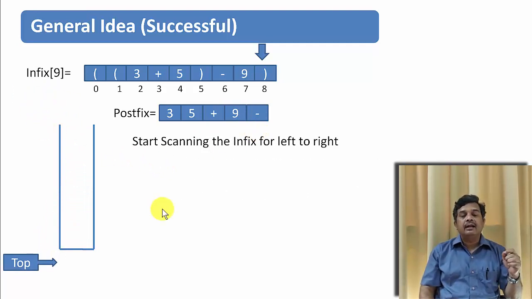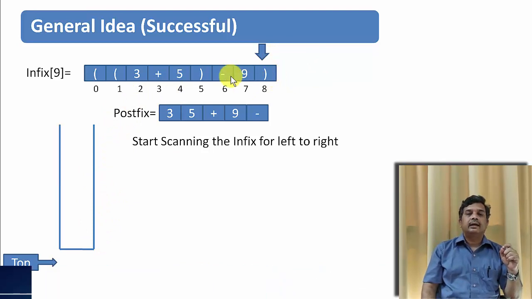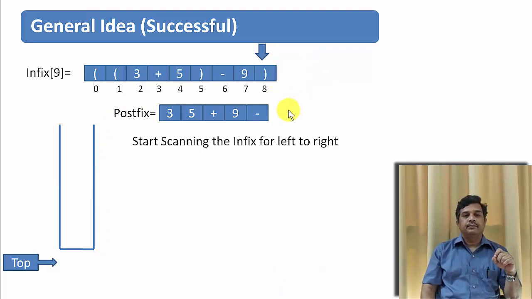And we have to discard the left parenthesis. So now you can see the stack is empty and we reach the last character of this infix expression. So we got this postfix expression like this: 3, 5 plus 9 minus. I hope you understood this.